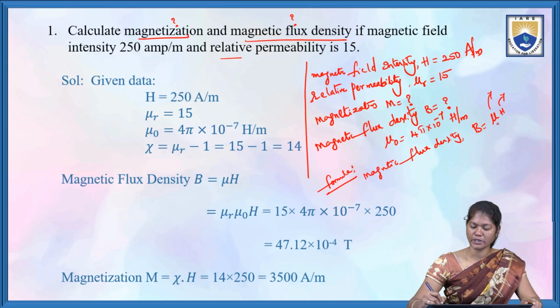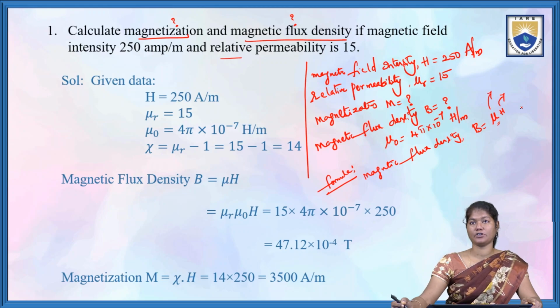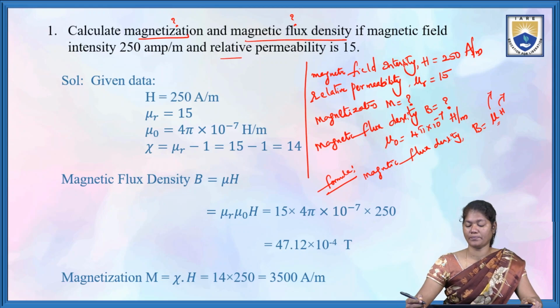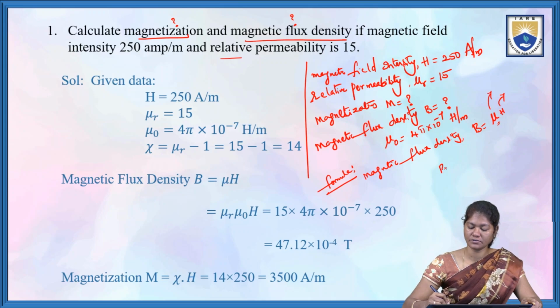We don't know the permeability mu value, so we write the relation between mu naught and mu r.